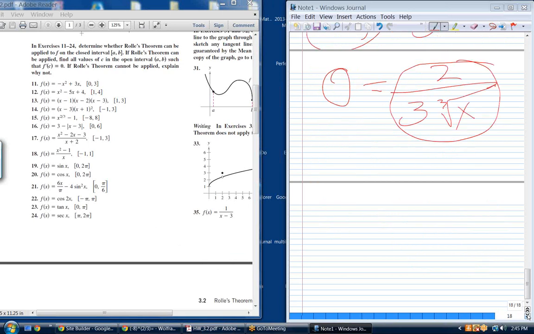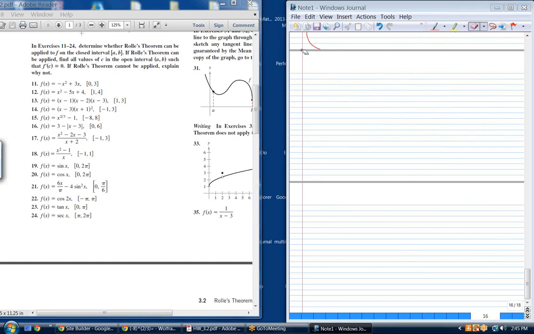Let's look at 16, which is different. It has an absolute value in it. Absolute value means what's going to be in the graph? There's going to be a corner or a cusp. Yeah.